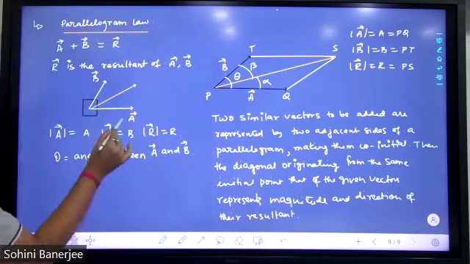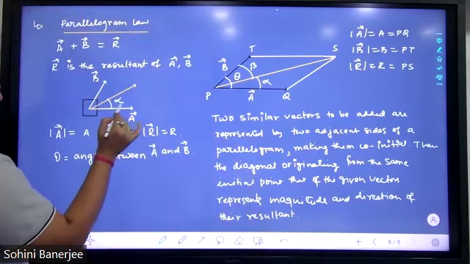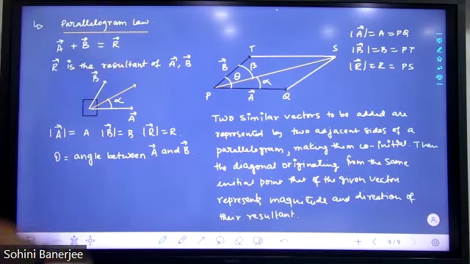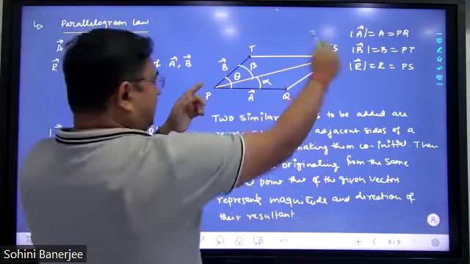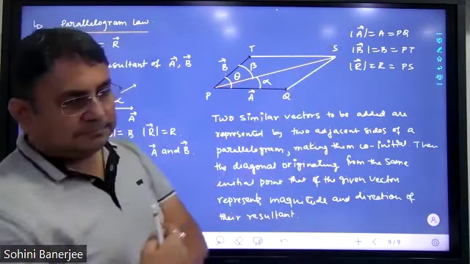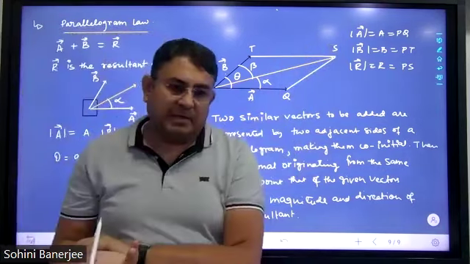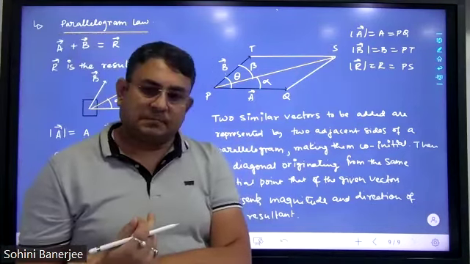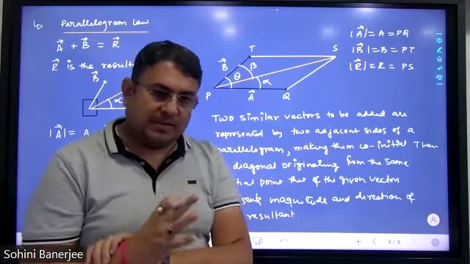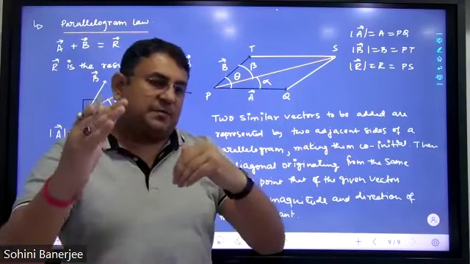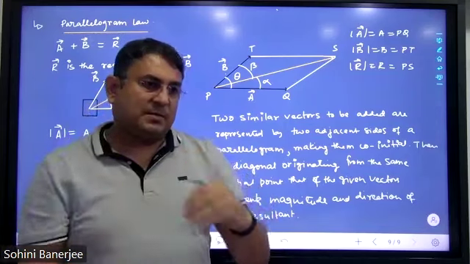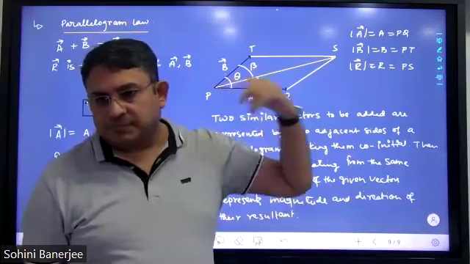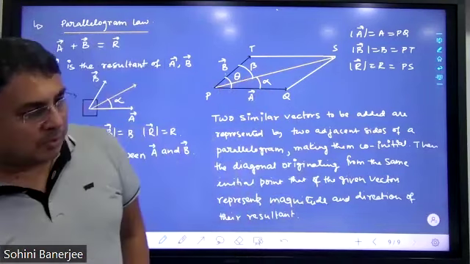And regarding the magnitude, it is the length of the straight line PS. Clear? In the diagram, length represents magnitude. So the job is clear: for magnitude, the length PS is to be measured, and for direction, this alpha or beta is to be measured.